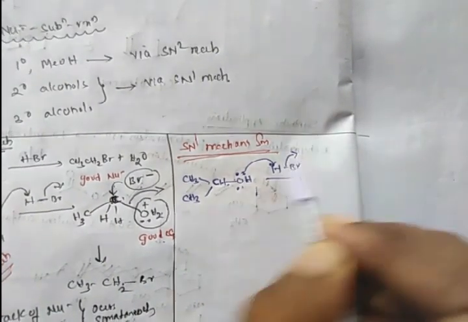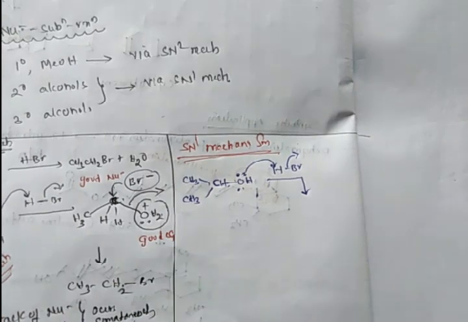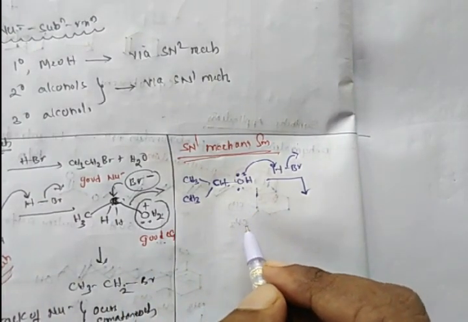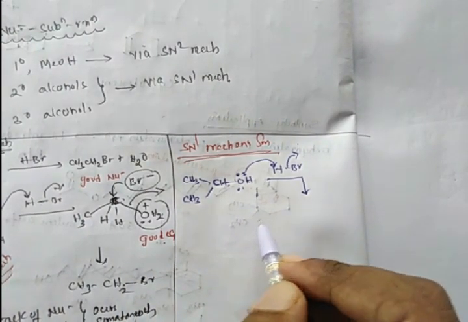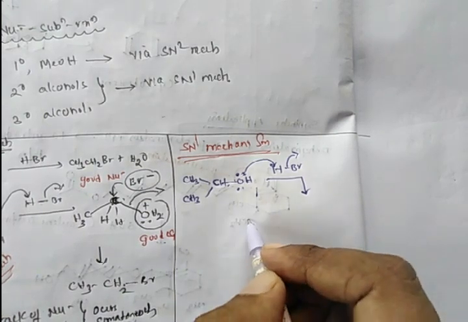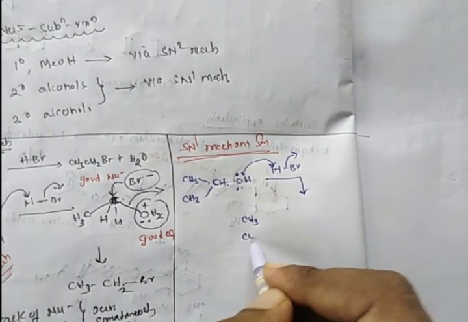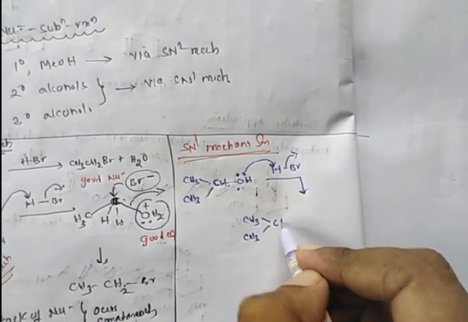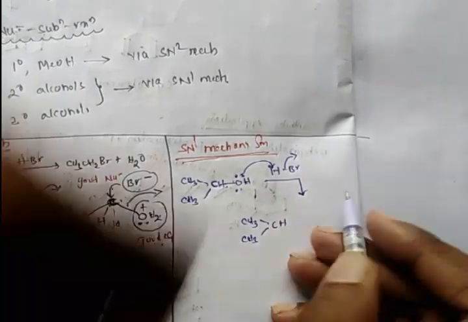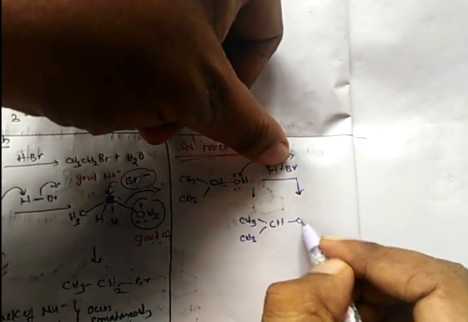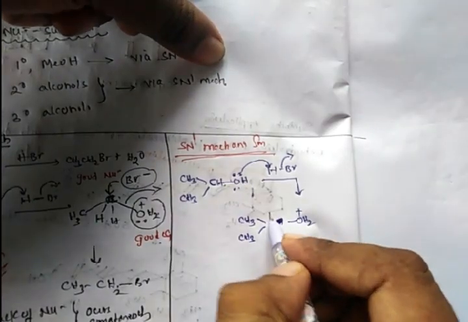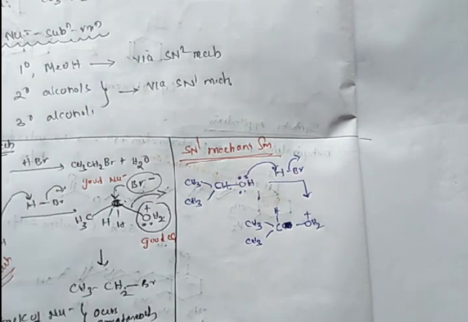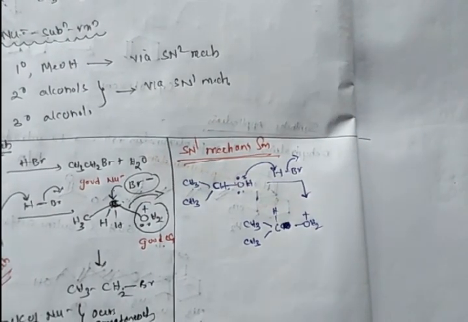The bromine leaves as Br minus, and in the reaction medium two species are formed. One is CH3, OH2 plus. So instead of writing this hydrogen here, I am writing OH2 plus.